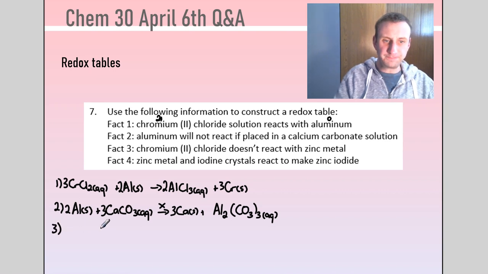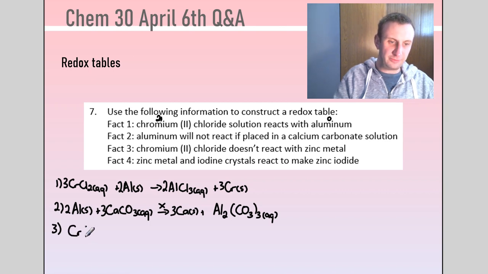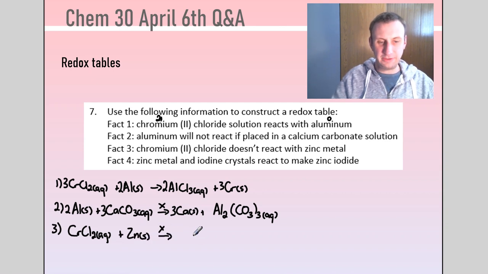For number 3, chromium 2 chloride doesn't react with zinc metal, so I have CrCl2 aqueous plus Zn solid makes, it doesn't happen, ZnCl2 aqueous and chromium.